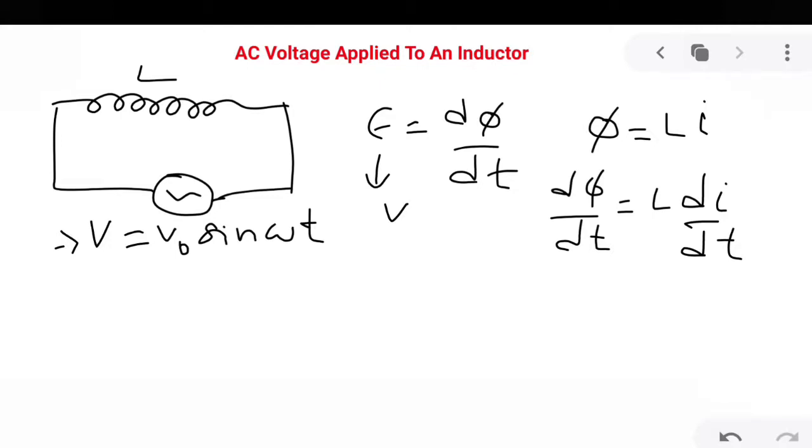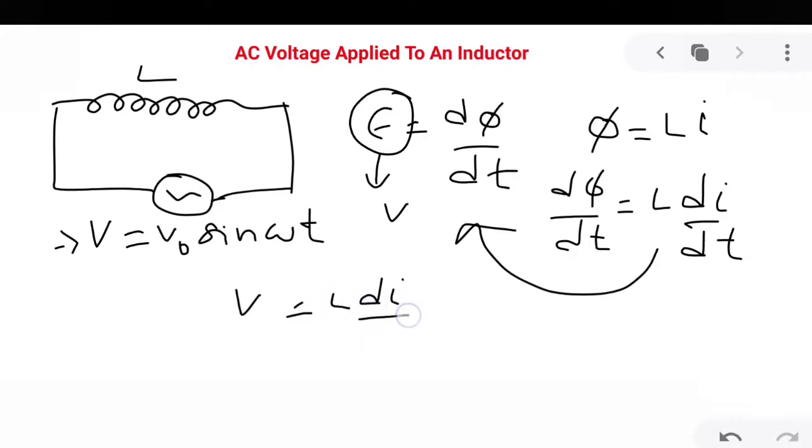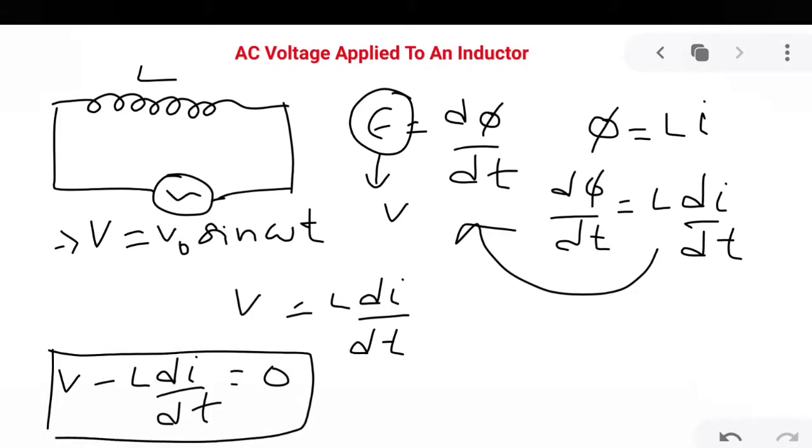Substituting, E can be replaced by V, so V equals L di by dt, or you can write V minus L di by dt is equal to 0.